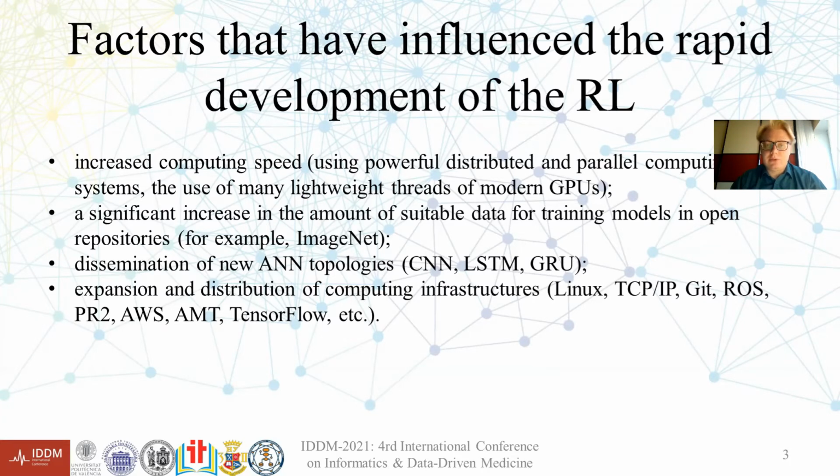Nowadays, there are a number of factors that have influenced the rapid development of reinforcement learning. But the main advantage of reinforcement learning is using real information about the environment to train our agents, one of which will be our final solution.